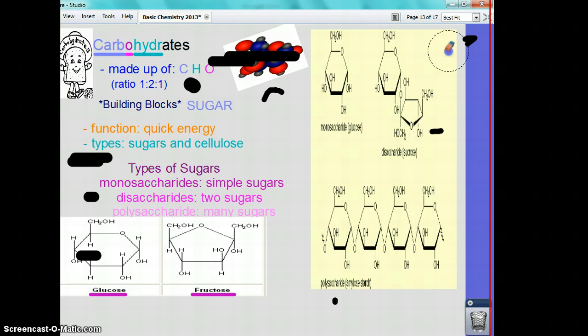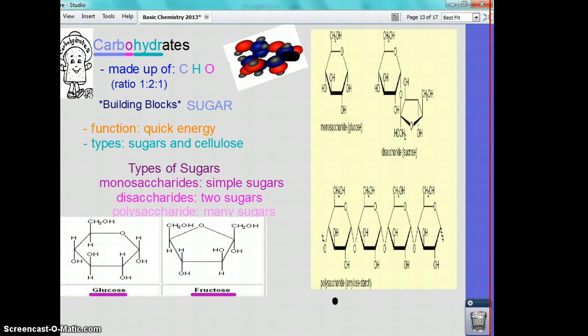All right, if we look at my pictures, let's start with this one. Who could tell me something about glucose and fructose that they have in common? Based on what you just read. It's a carb. What type of carb?